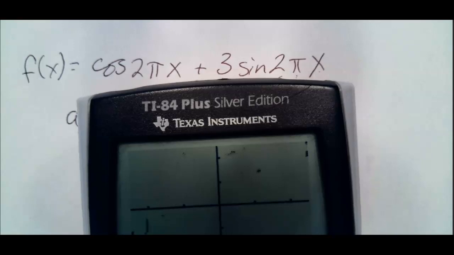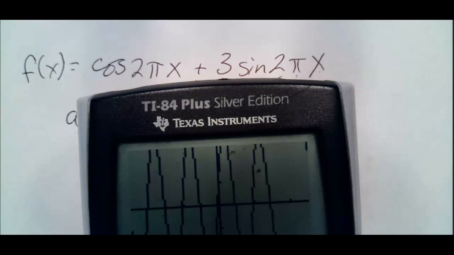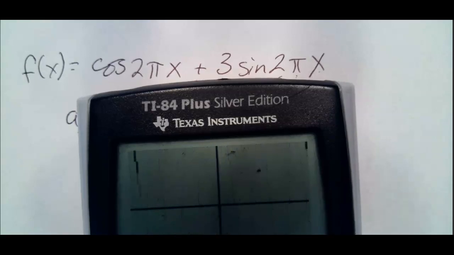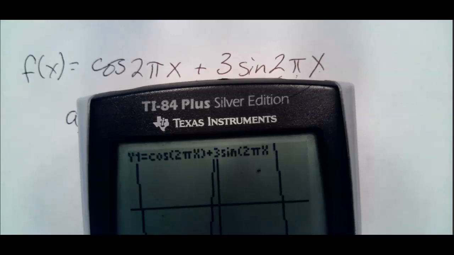Graph. All right, looks like I'm going to have to do a little bit of zooming in in order to get this point right here. So let's zoom in. Trace.